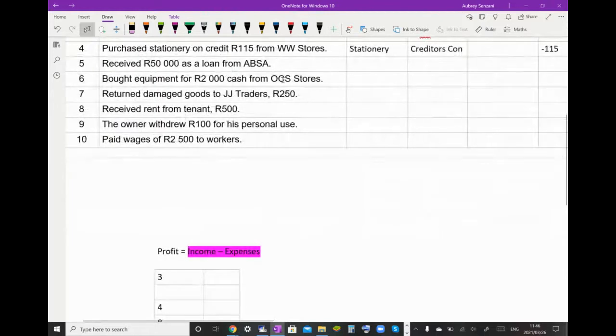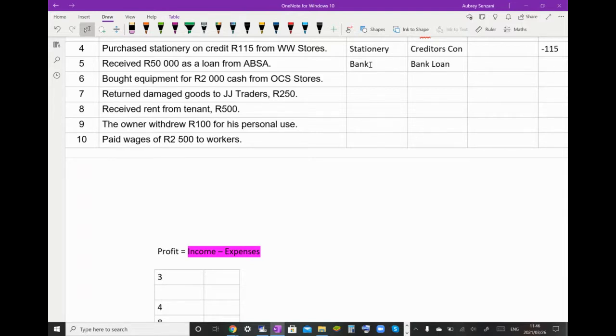Five. Receive 50,000 as a loan from ABSA. What are we debiting and what are we crediting? Yes, we're debiting bank because we're receiving money. And then we're crediting what? Is it creditors control?